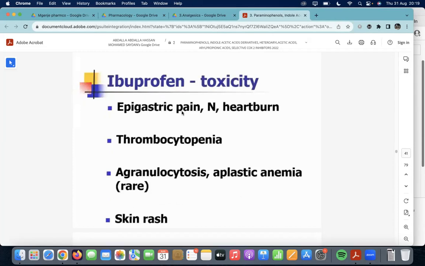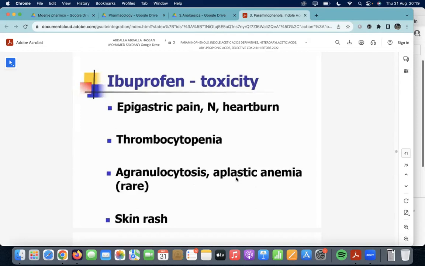Toxicity causes epigastric pain, nausea, and heartburn. It can cause thrombocytopenia, agranulocytosis, which is rare, and aplastic anemia. I don't know which is rare, agranulocytosis or aplastic anemia, but they are both possible adverse effects of ibuprofen.